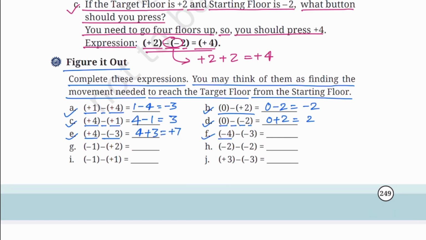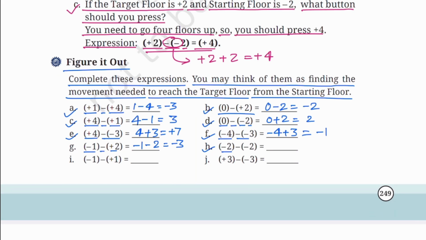F: minus 4 minus minus 3, minus 4 plus 3 is equal to minus 1. G: minus 1 minus plus 2, minus 1 minus 2 is equal to minus 3.